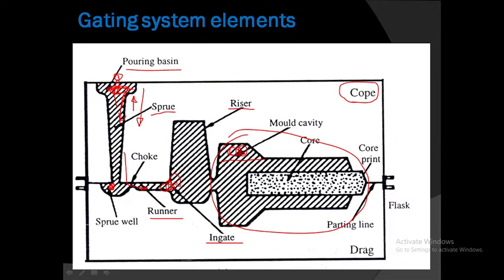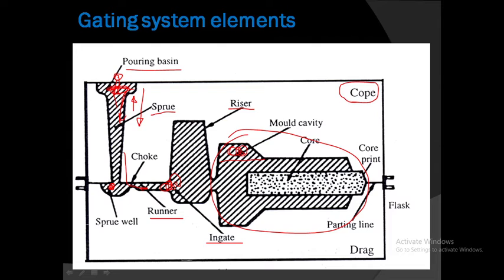Okay, so here what happens, the sudden changes in direction of flow of metal at the gate result in turbulent flow which leads to gas pickup. Okay, so whatever the flow is there, a smooth flow is expected. And here if we see, we pour a molten metal and it goes in such a way, so it is a right angle flow.